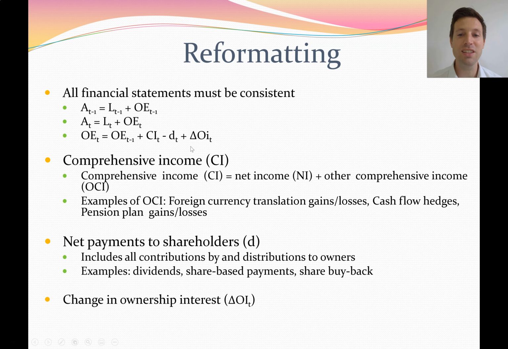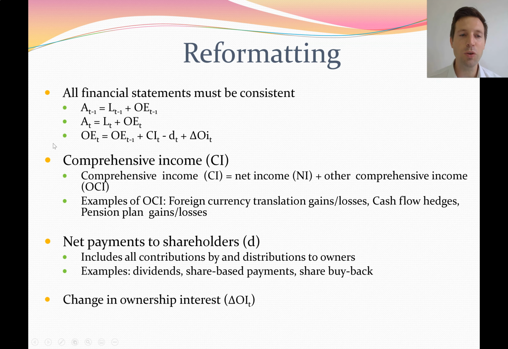Other comprehensive income items are things like foreign currency translation gains or losses, cash flow hedges, and gains and losses to do with your pension plans. They show up on the comprehensive income statement. They influence your equity balances, but they don't influence your revenues or expenses on the profit and loss statement.